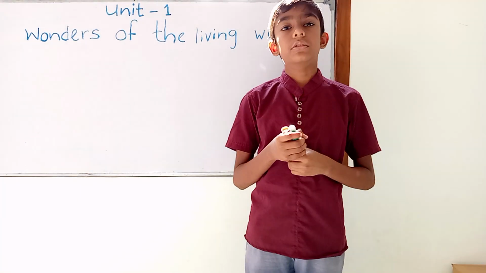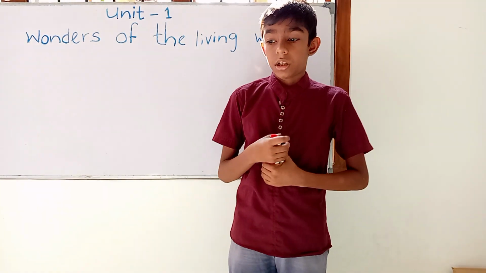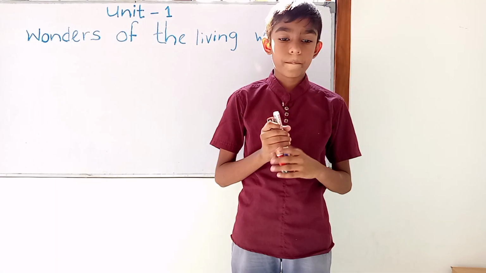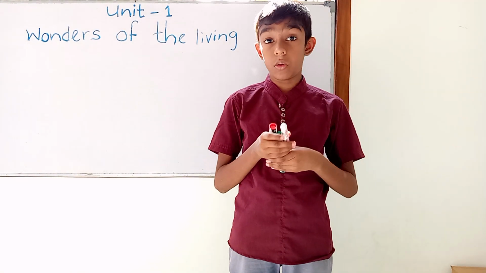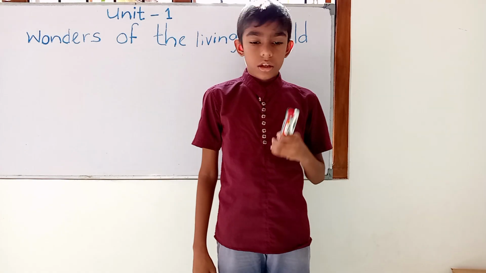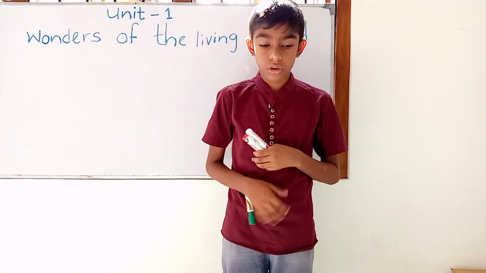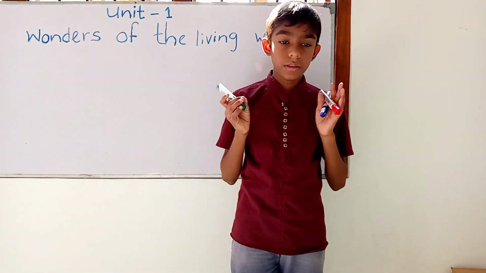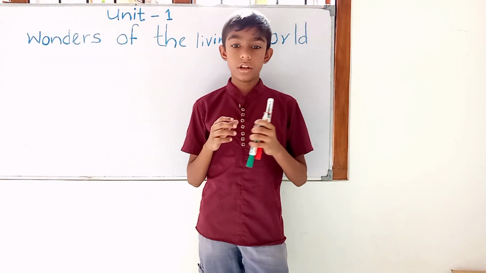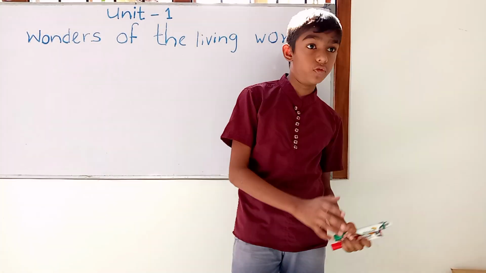Plants grow fixed to the ground, and do not show locomotion, but they do show movements. Animals show locomotion and movement.